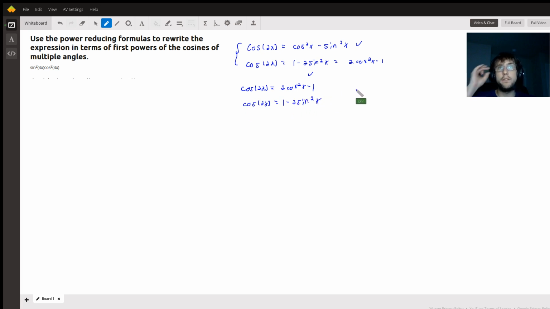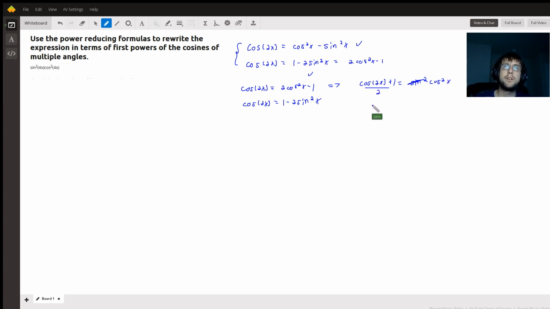So if I solve for cosine squared and sine squared, that means rearranging this, I could have cosine of 2x plus 1 is equal to 2 cosine squared of x, and that means this would be over 2 by division.